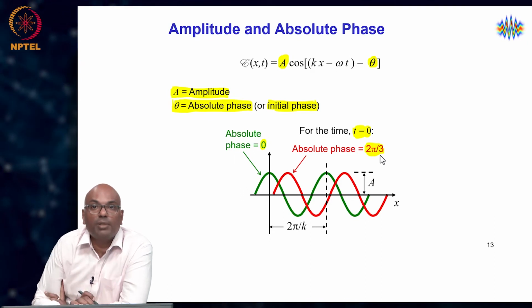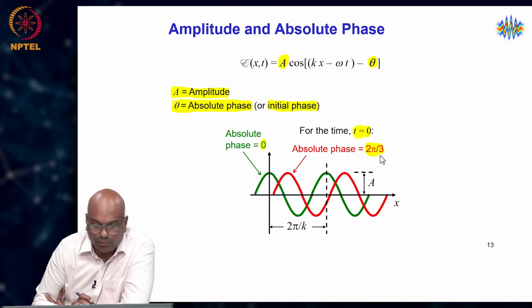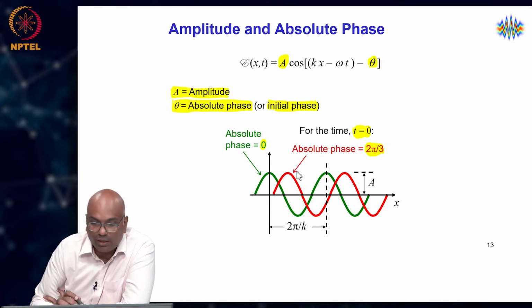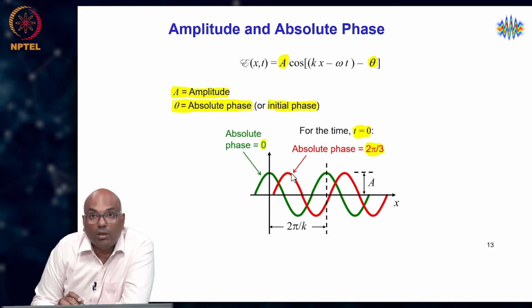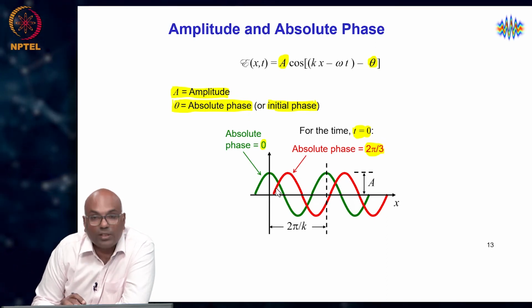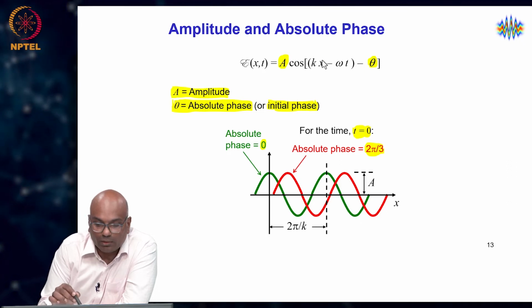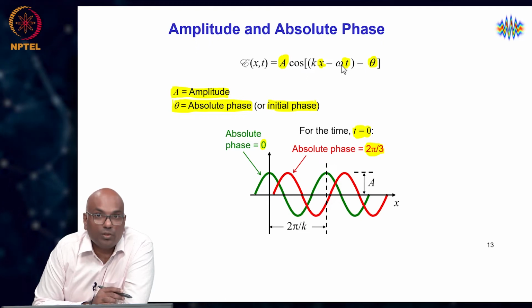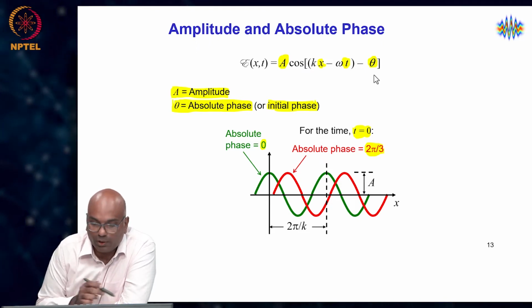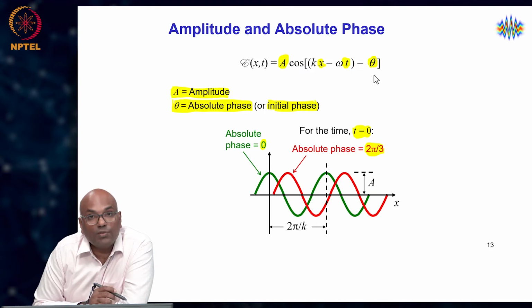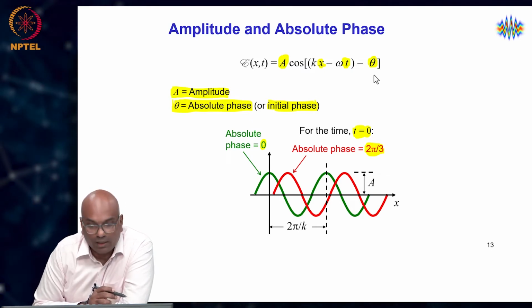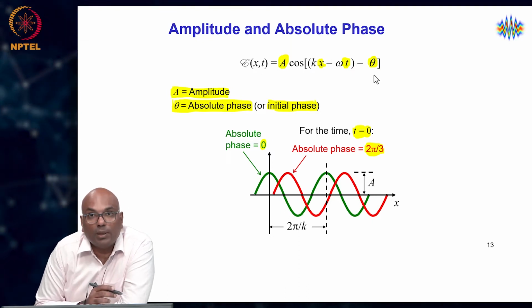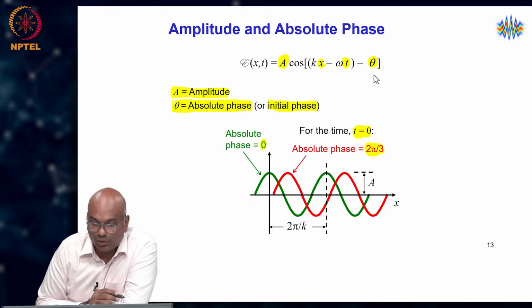Once again at the same instant of time, which we call t equal to 0 now, we can note over here that at t equal to 0, even at the value of x equal to 0, this particular argument to the cosine function is not 0 because theta is 2 pi over 3. Therefore, the instantaneous value of the electric field at x equal to 0 and t equal to 0 is A, the amplitude, multiplying cosine of minus 2 pi by 3.